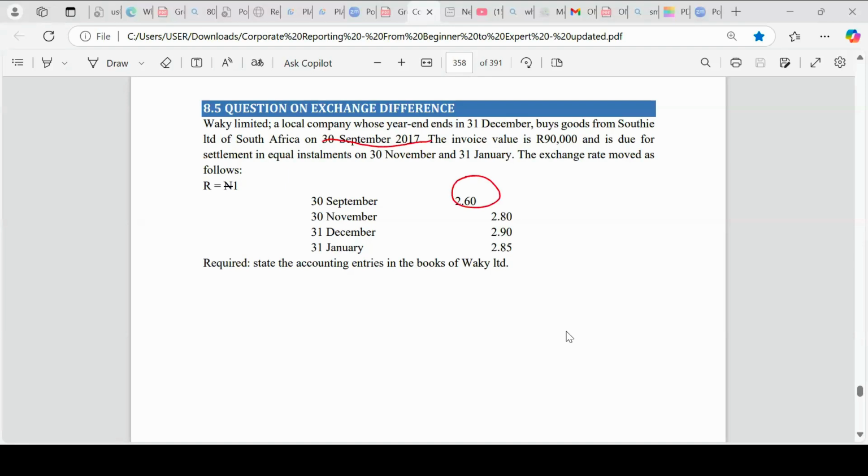So in the books of Waki, in Naira, it will be 90,000 rands multiplied by 2.60. 90,000 multiplied by 2.6 gives us 234,000 naira.